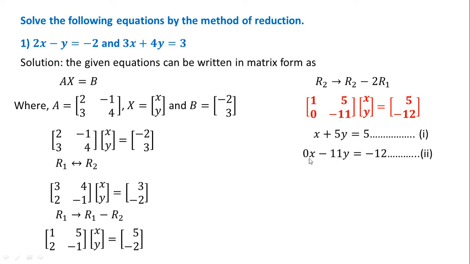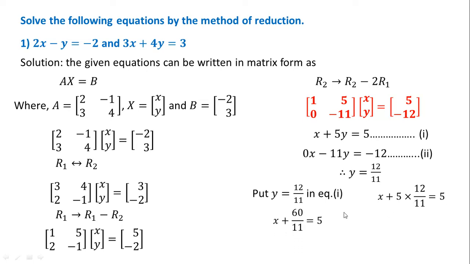After this, the coefficient of x becomes 0, so it is very easy to get the value of y. Here we get y is equal to 12 upon 11. Now by our usual method, put this value of y equal to 12 upon 11 in equation number 1. Then x plus 5 into 12 upon 11 is equal to 5.